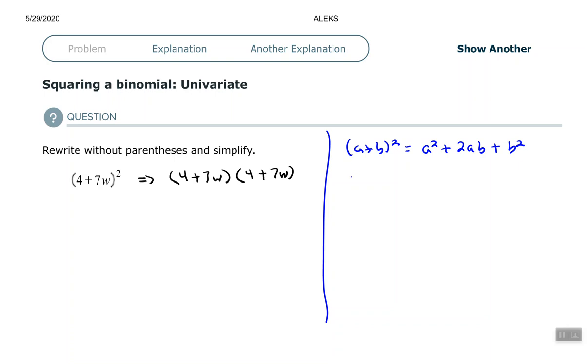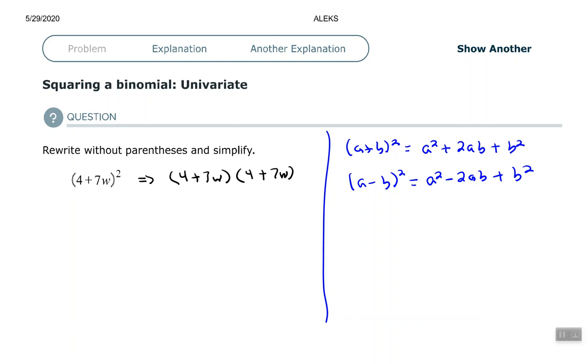Now you will also see a special for subtraction. And the only thing that changes is the sign on the second term. Like so.